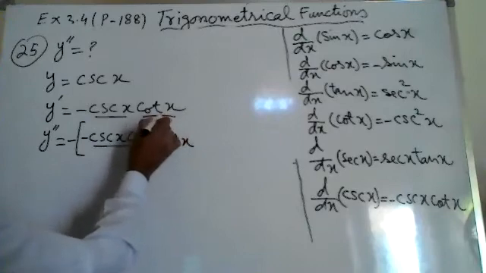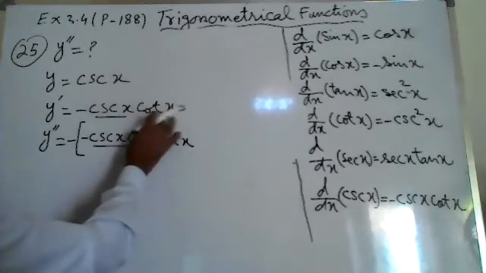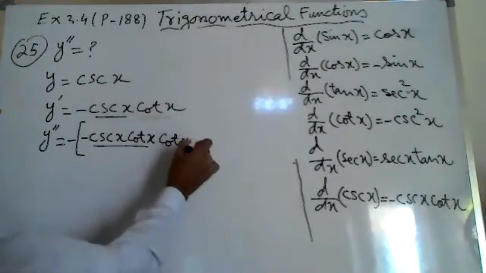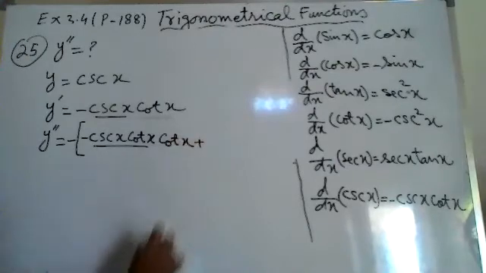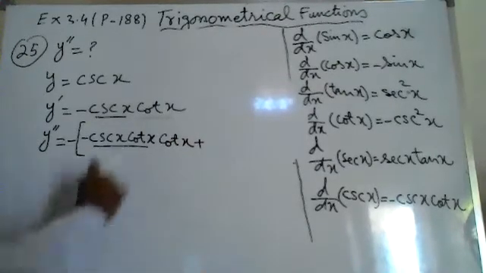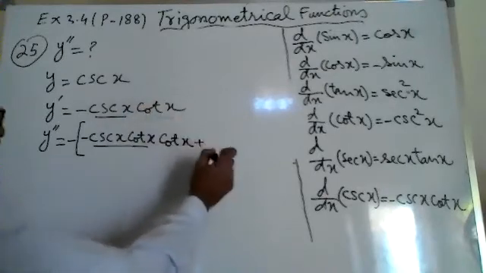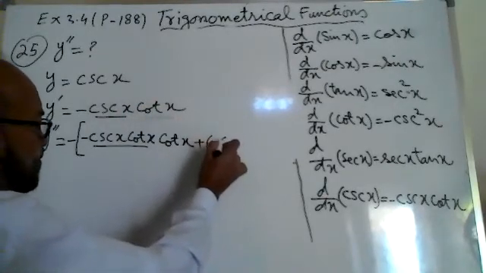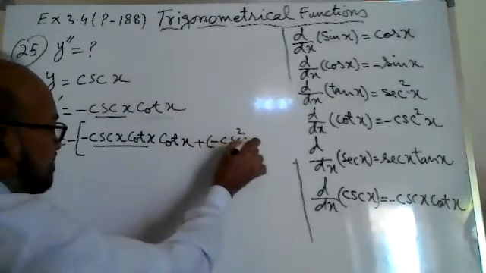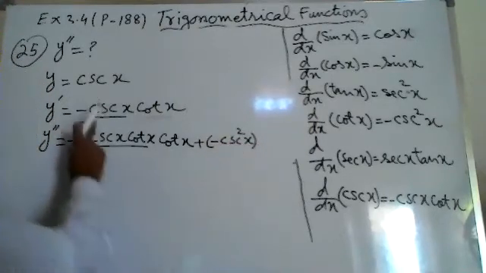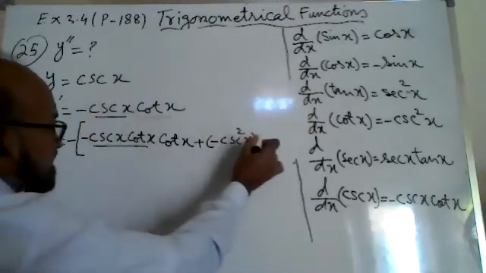Then plus the derivative of the second function cot x, which will be minus cosec square x, into the first function cosec x.